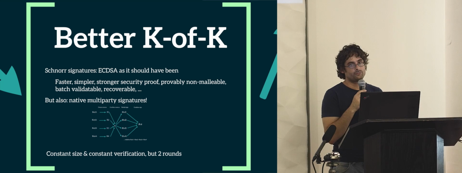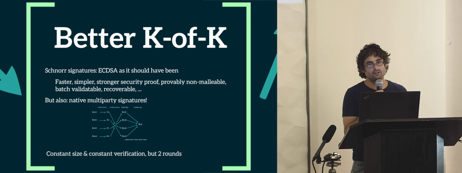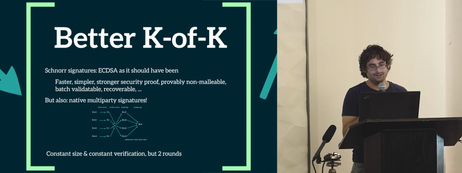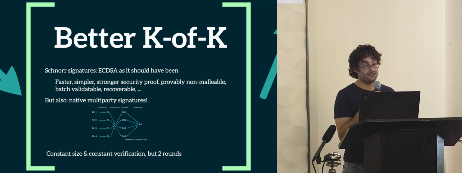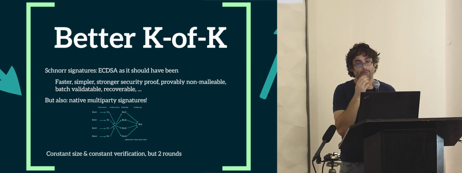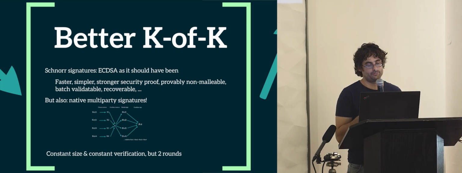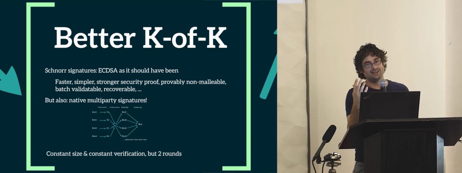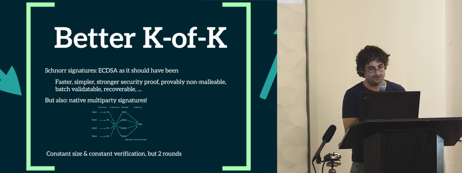Unfortunately, Schnorr signatures were patented at the time when ECDSA was being standardized, so the world sort of settled on using ECDSA, but ECDSA is pretty much a workaround for the patent that Schnorr has. So Schnorr is faster, simpler, it has a stronger security proof, it's provably non-malleable, it supports batch validation, recovery, all properties we like to see in ECDSA, but no.